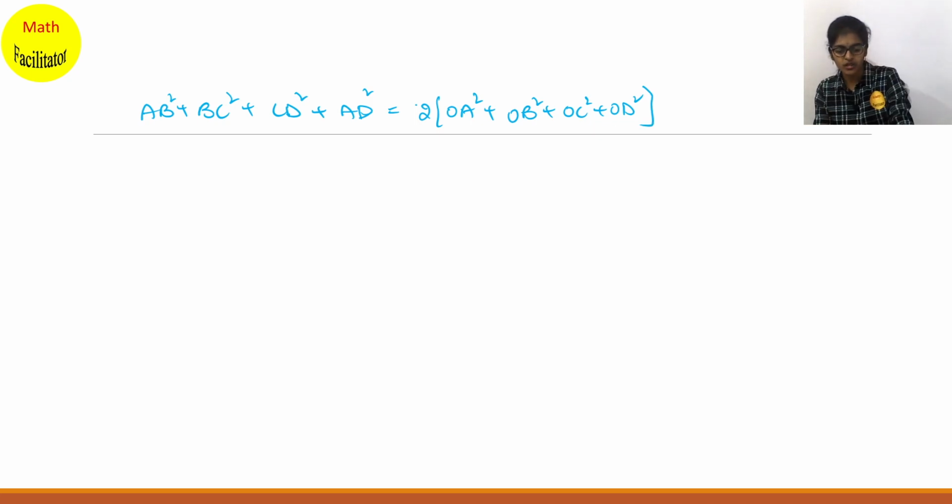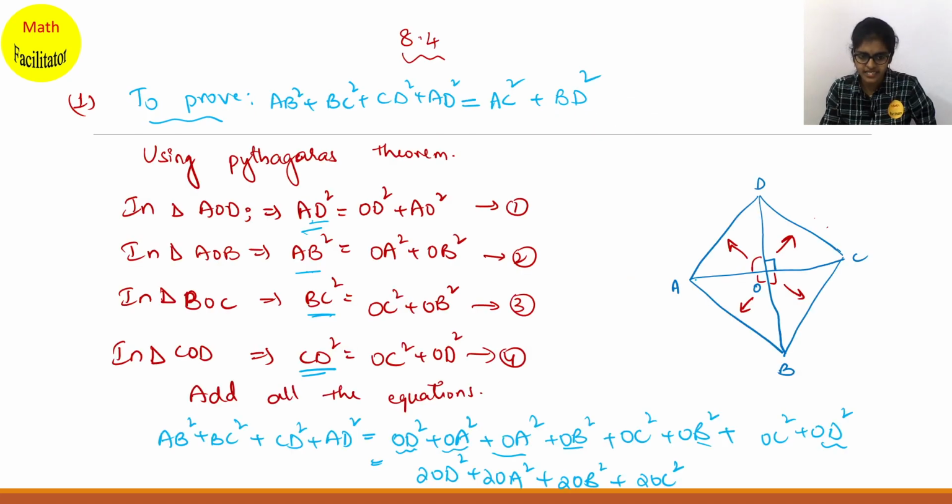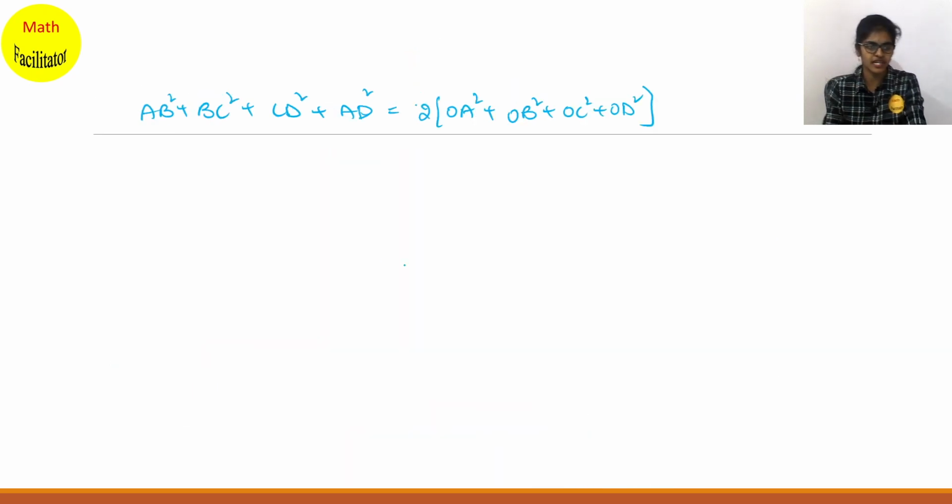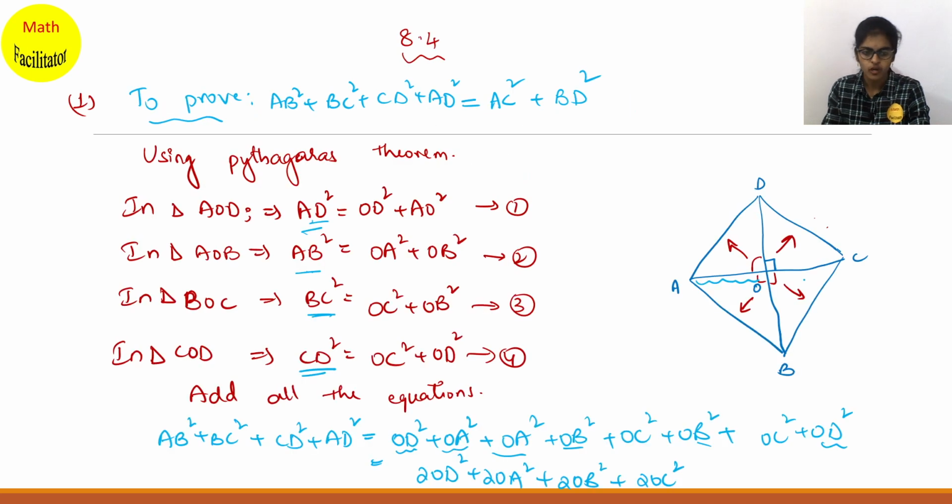But what is OA? See here, OA is nothing but half of AC. We have learned that diagonals bisect each other. Bisecting means dividing into half. So OA is half of AC. So I am writing it here. OA is half of AC and you have a square, OA square, isn't it? Now what is OB? OB is half of BD.